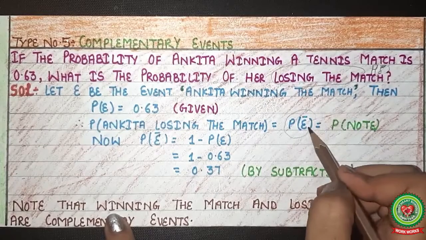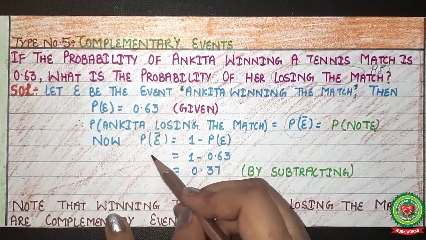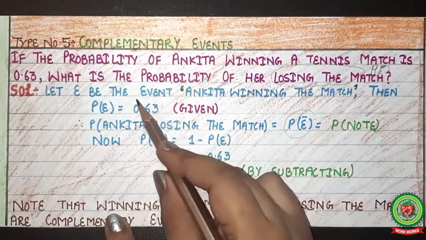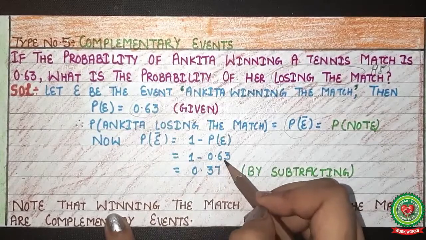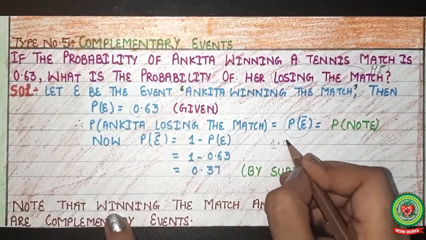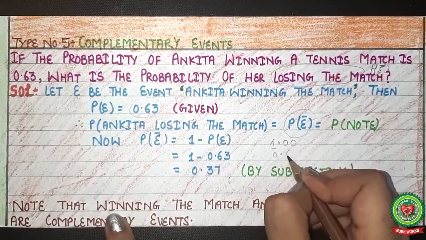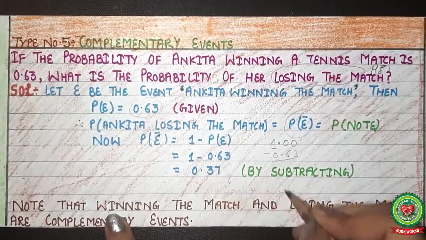Now we know that Ankita losing the match equals P of not E. As we have discussed in the tips, P of not E is equal to 1 minus P of E. What is P of E? 0.63. Put it here. So now subtract. We know how to do subtraction in case of decimals. We will write 1.00 minus 0.63. Subtracting, we will get 0.37.